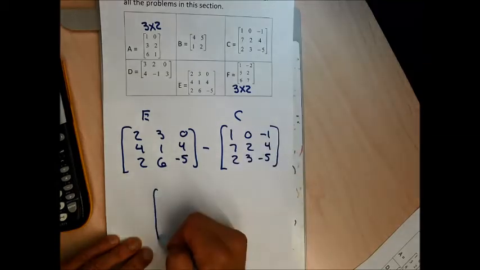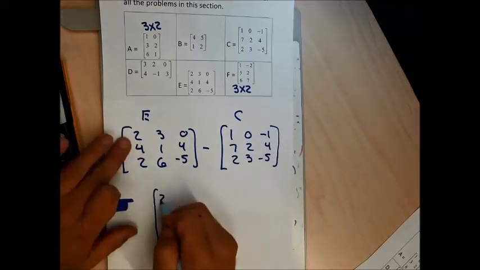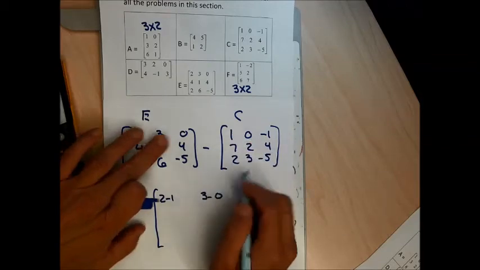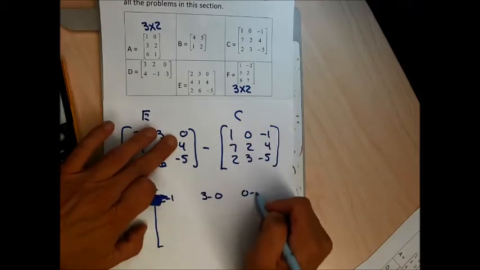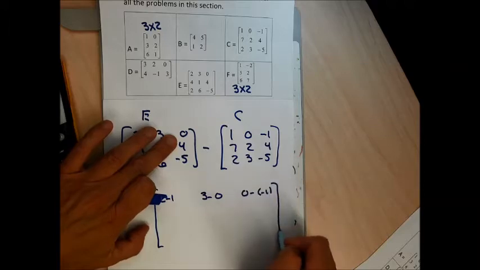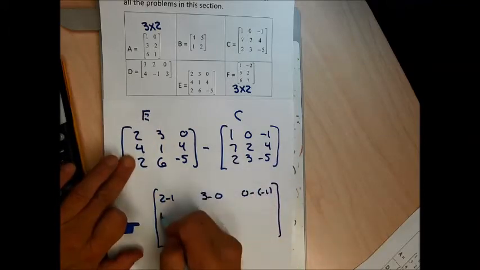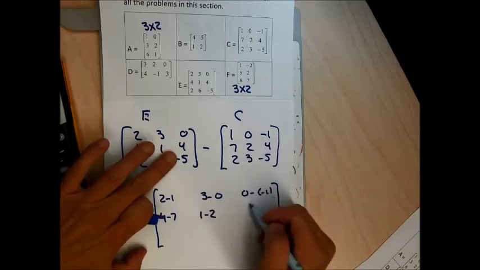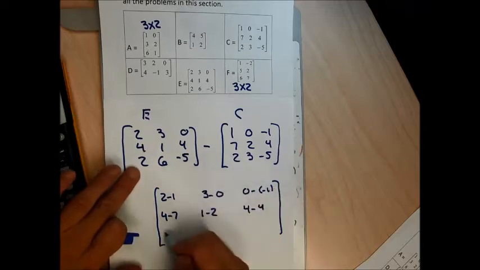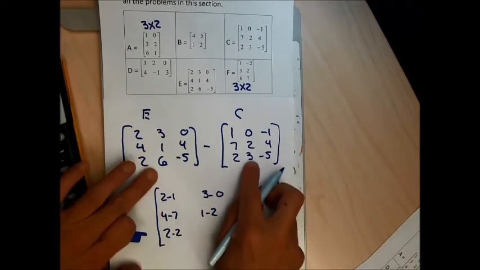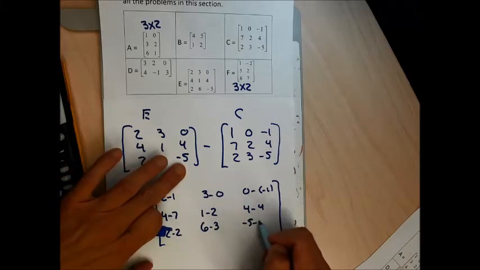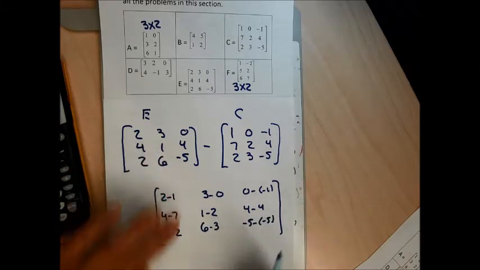To subtract these, I'm going to go 2 minus 1, 3 minus 0, 0 minus negative 1, 4 minus 7, 1 minus 2, 4 minus 4, 2 minus 2, 6 minus 3, negative 5 minus negative 5.